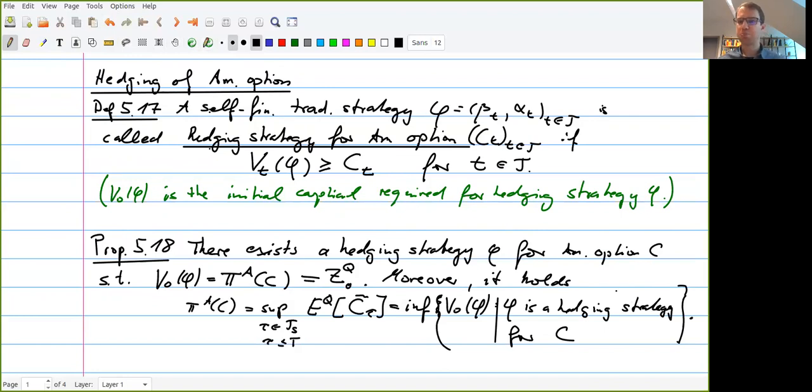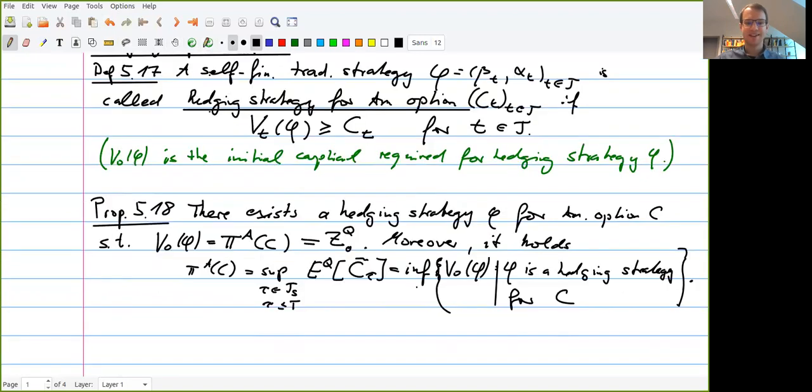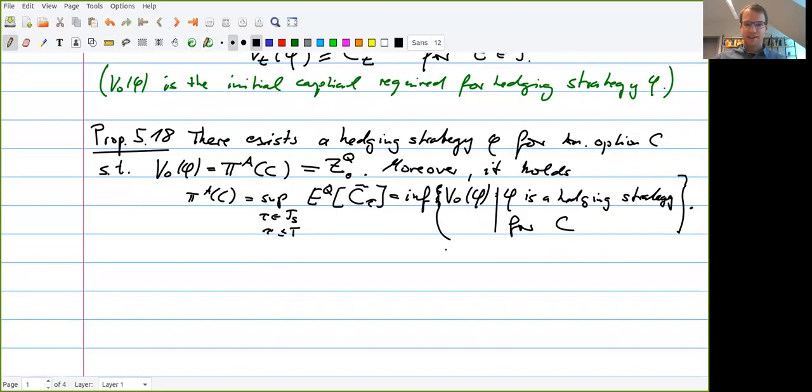This is a very nice statement, but we need to prove it, as everything. So why is this true?